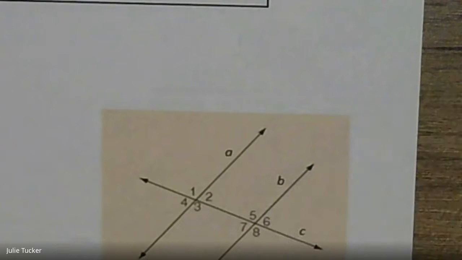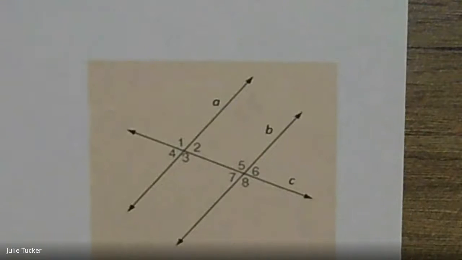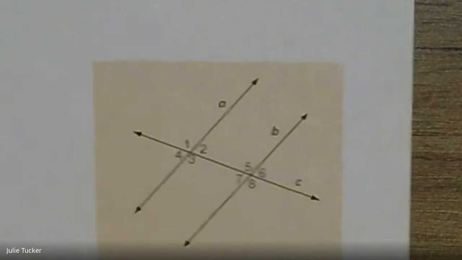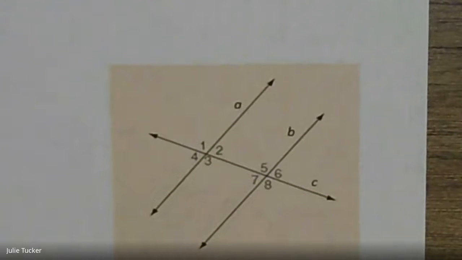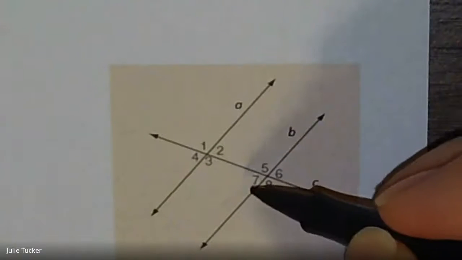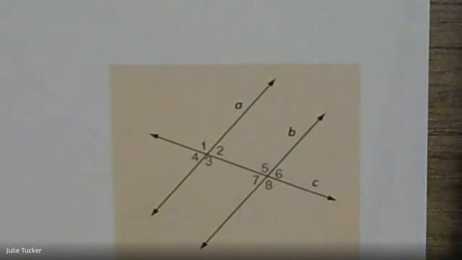Here's 6. 7 and 6. So what kind of angles are those? I needed to have a reason for saying that they're congruent. So I have to be able to name 7 and 6, what kind of angle pair they are.